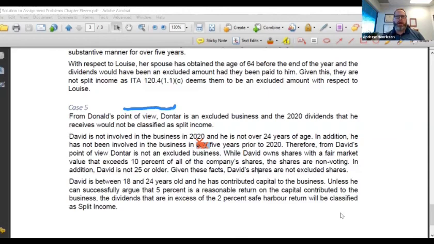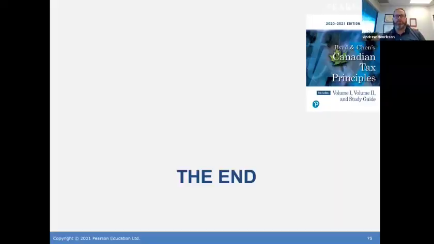The key factors for chapter 11 that you're going to be responsible for are the losses, applying all those different losses, the carryovers and stuff, lifetime capital gains exemption calculations, how those two things work together, and scenarios like this with TOSI and the little basic calculations of what the tax would actually be.